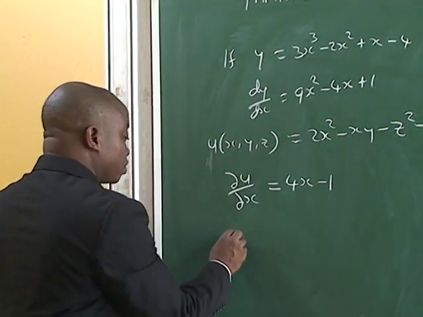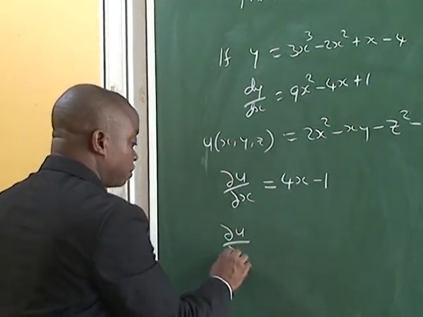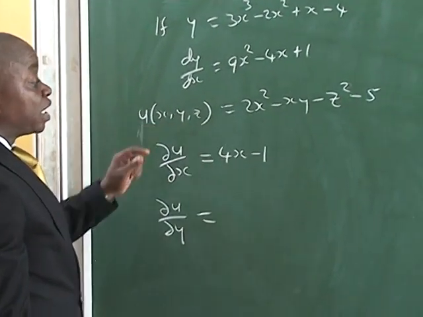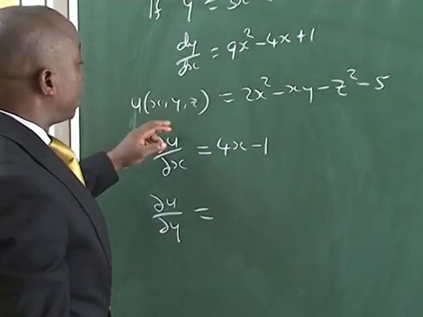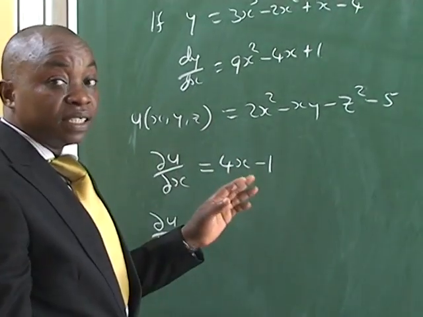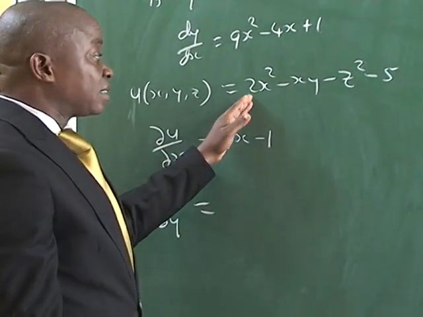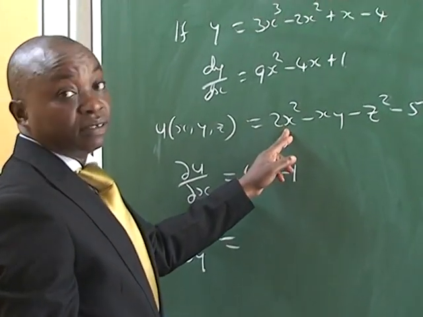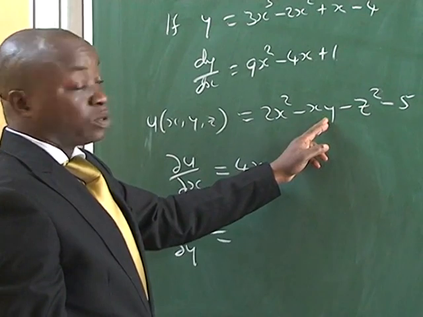Now let's also look at partial u, partial y for this function. So partial u, partial y, we are dealing with y, while we keep x and z constants. So there is no term here for y. But here there is y.